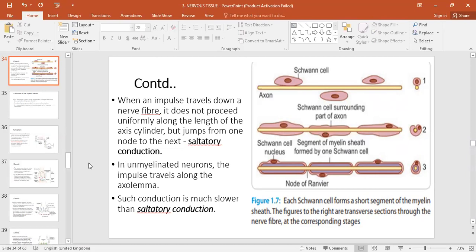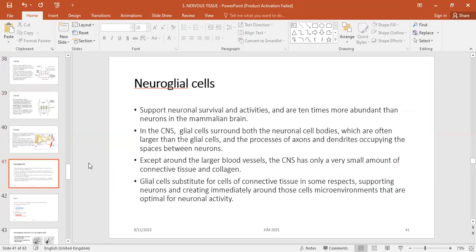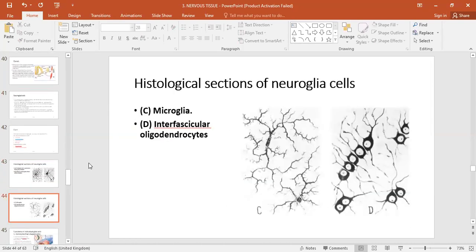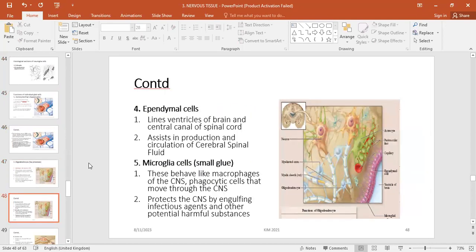Therefore, we have more Schwann cells in the body than oligodendrocytes. But at the end of the day, both cells form myelin sheath. One forms myelin sheath in the central nervous system, the other in the peripheral nervous system. So that's about myelin, oligodendrocytes, and Schwann cells.